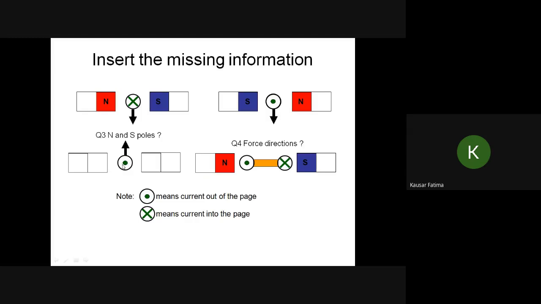Dot means out of the paper. So current direction is shown to you, so that should be towards you, and thumb upwards. So when this is done, your first finger automatically goes from this to this, towards right. Okay, so north and south.